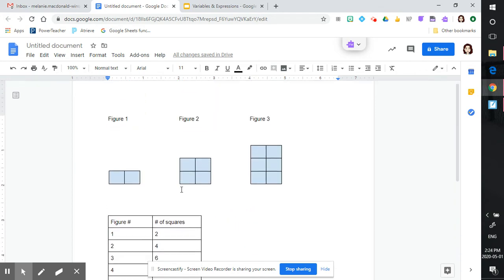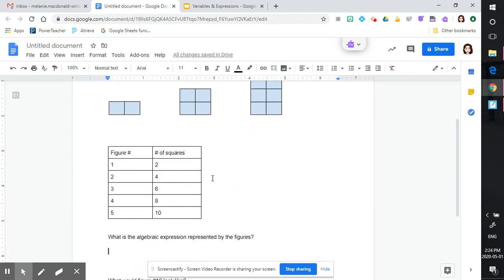Okay? Now, what is the algebraic expression represented by the pictures? In order for something to be an algebraic expression, it has to have numbers, variables, and operations. So I want you to think about it this way. What do you have to do to column 1 in order to turn it into column 2? So what do I have to do to 1 to make it 2? What do I have to do to 2 to make it 4? What do I have to do to 3 to make it 6?